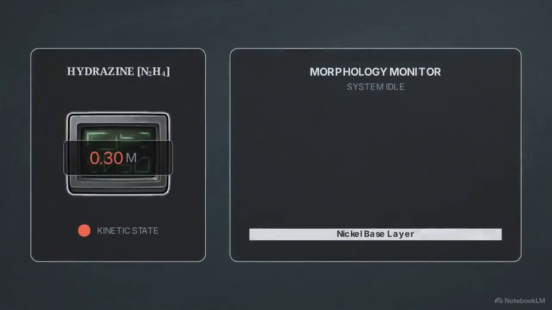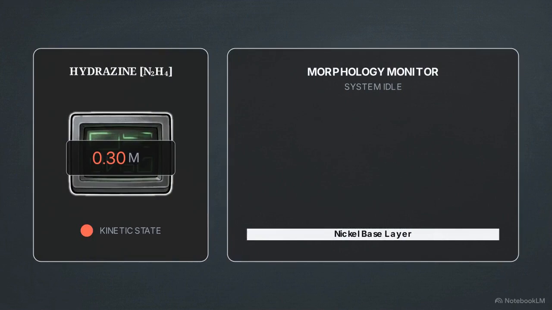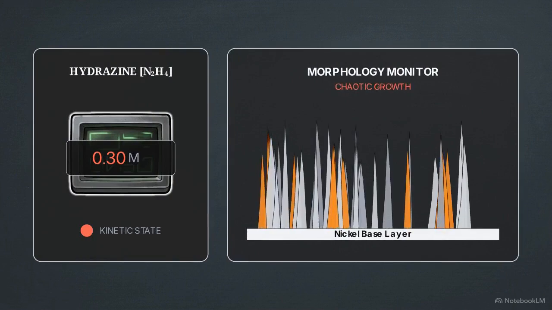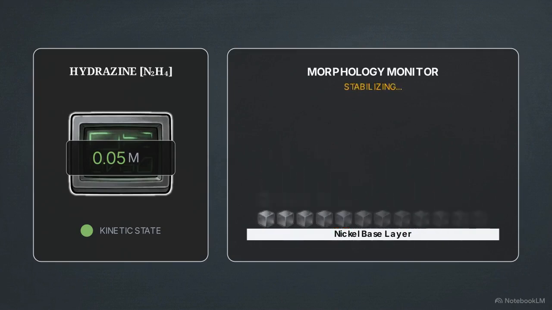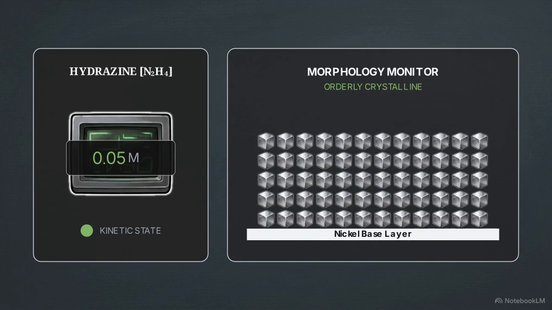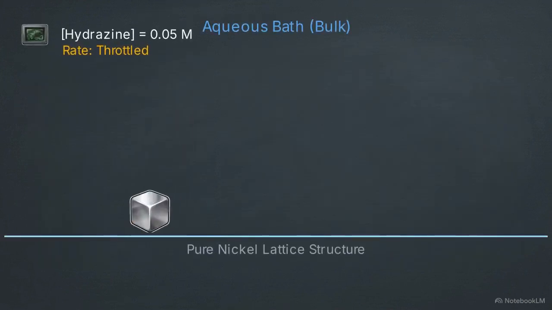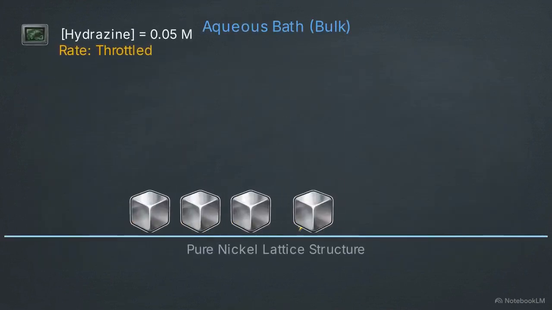Visualization shows how hydrazine concentration dictates morphology. Above 0.20 molar, metallic growth becomes chaotic. As concentration drops to the 0.02 to 0.10 molar range, chaotic spikes vanish, replaced by a densely packed, smooth metallic surface. Maintaining this strictly lowered concentration limits the rate of electron supply.